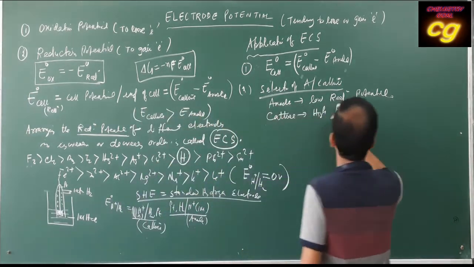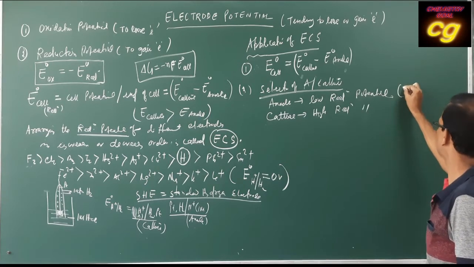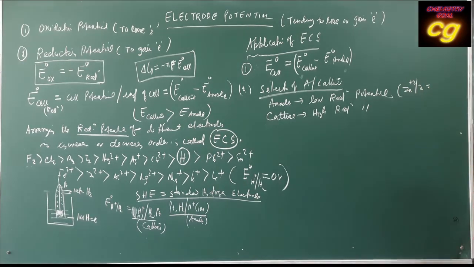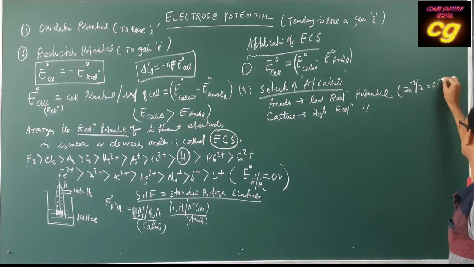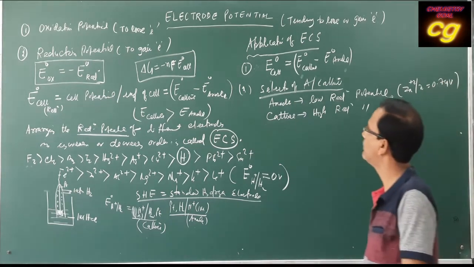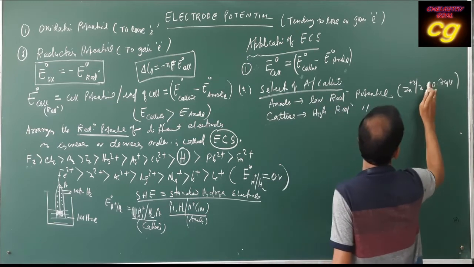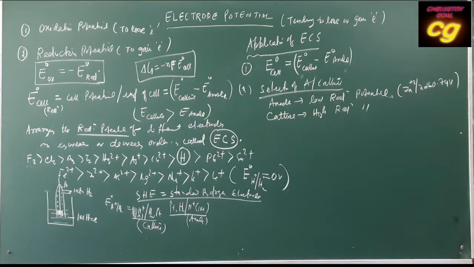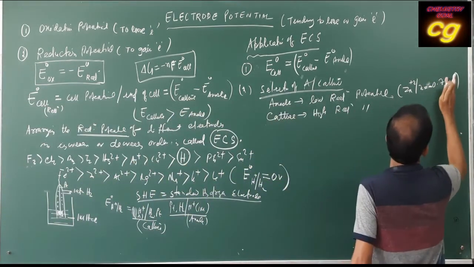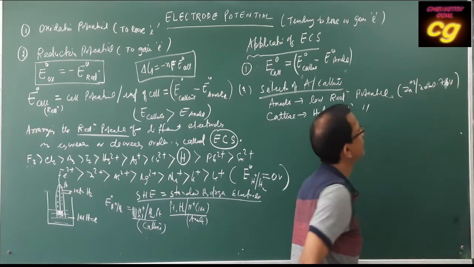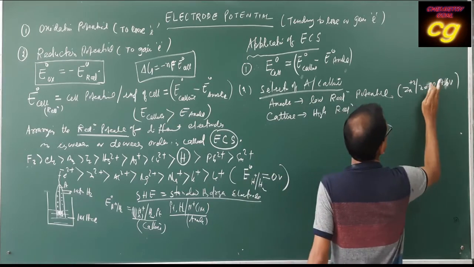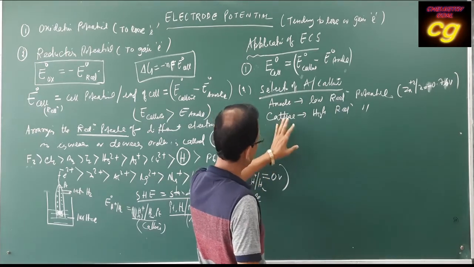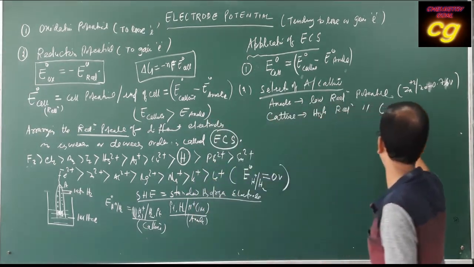For example, low reduction potential, suppose zinc. The E naught value of zinc is minus 0.76 volt, with a minus sign. For the cathode we can use copper.